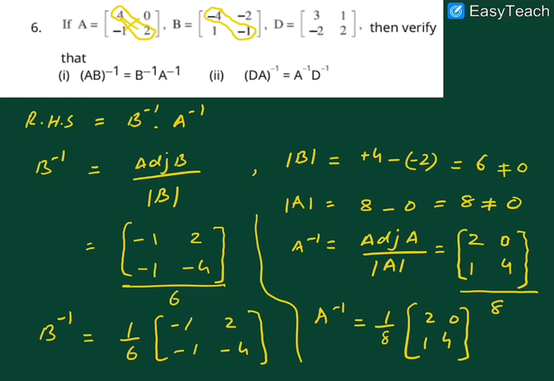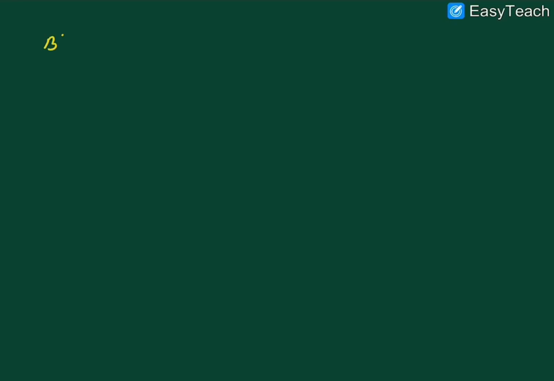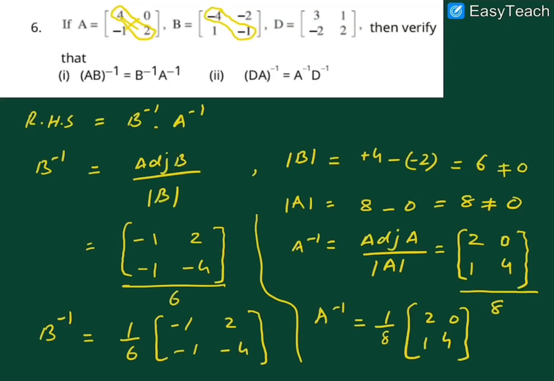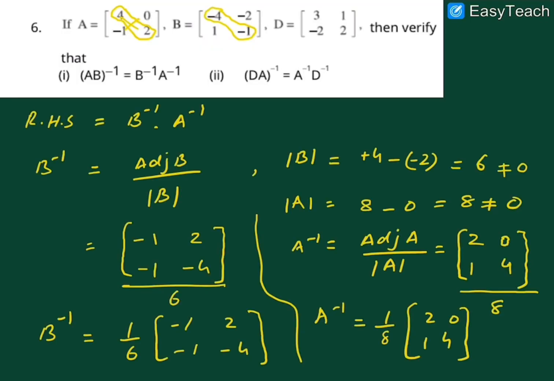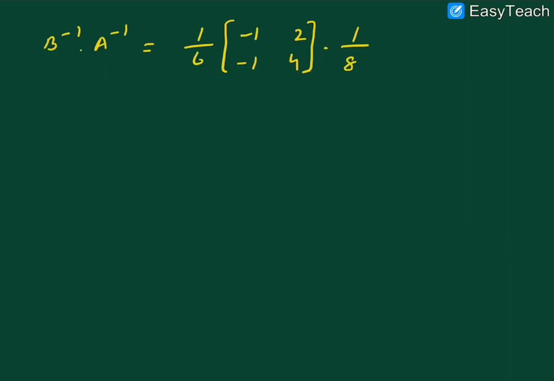So now we need to multiply B inverse with A inverse. So B inverse is 1 over 6 into minus 1, 2, minus 1 and minus 4, and A inverse is 1 over 8 into 2, 0, 1, 4.